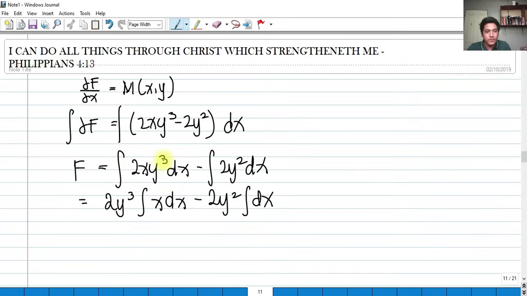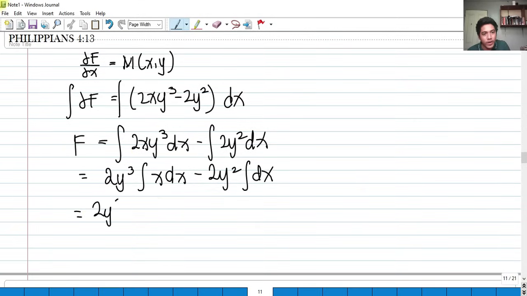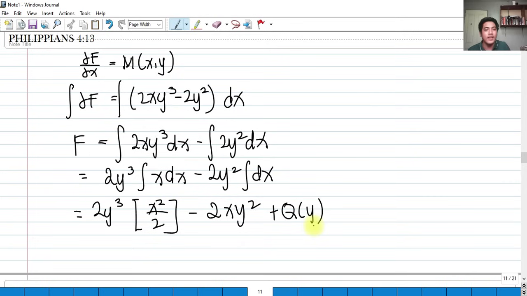Integrating, this should be x squared over 2 minus 2, and the integral of dx is simply x. So 2xy squared, plus q of y. The 2's would cancel, so we are left with x squared y cubed minus 2xy squared plus q of y.